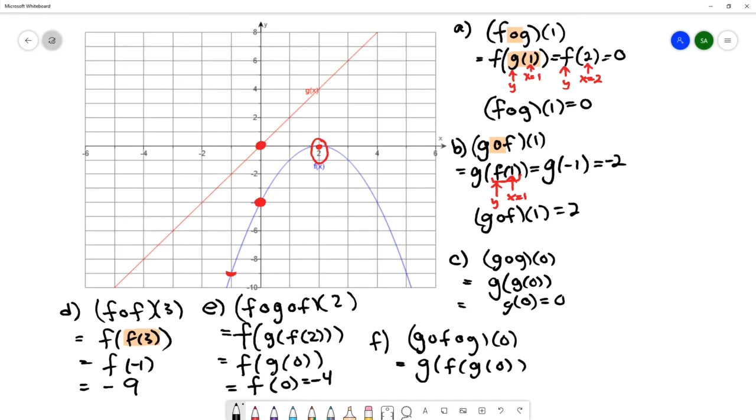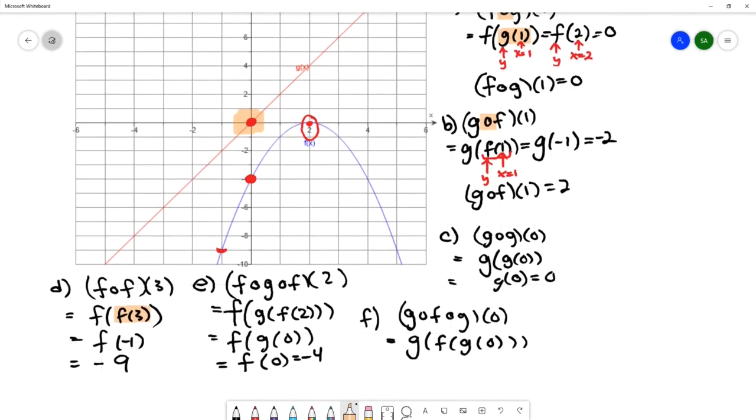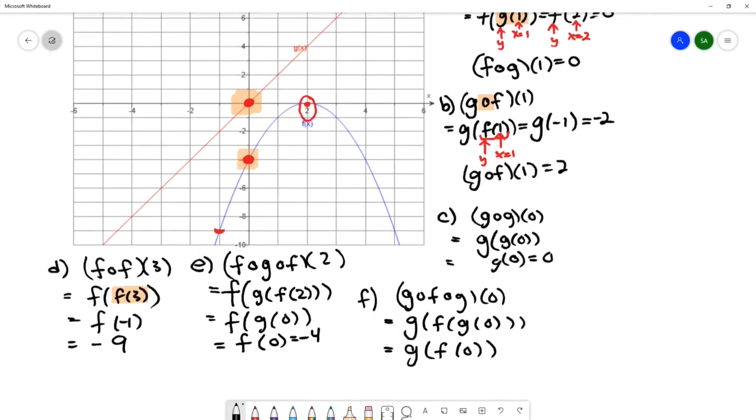And we've already seen a few times that g of 0 is 0. So we're going to replace g of 0 with 0. And we want to find f of 0. And we've seen f of 0 right here is -4. So we can replace f of 0 with -4.